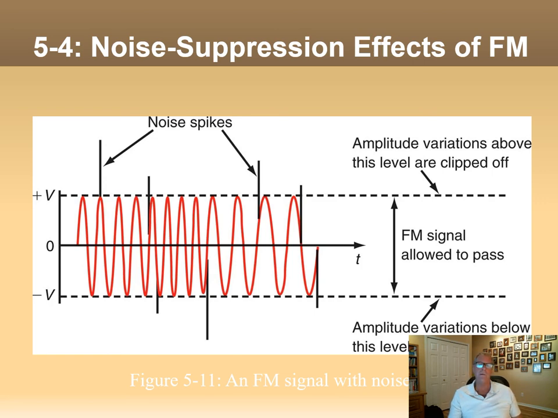But we've all heard noise on FM when we listen to it in our cars. It does happen. And a lot of times that is because of what's called coherent noise or synchronous noise, where it's synchronized somehow with the FM. And it could be a coincidence. The other thing is if you have two FM receivers next to each other, there's something called a local oscillator in the FM receiver.